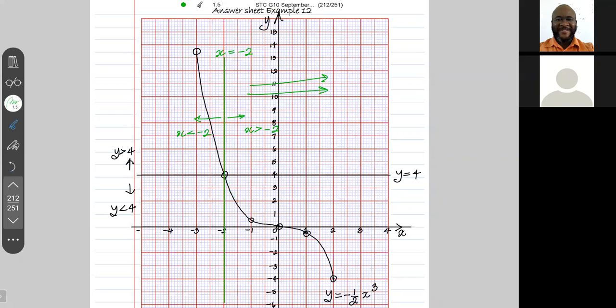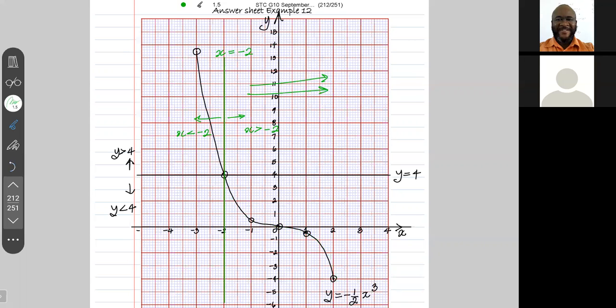To the right of the green line, the graph is below the line y is equal to 4. To the right of that green line is where x is greater than minus 2. When x is greater than minus 2, the values of y on the graph are less than 4.